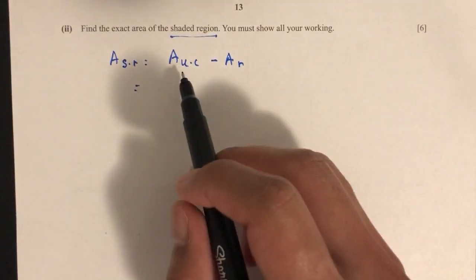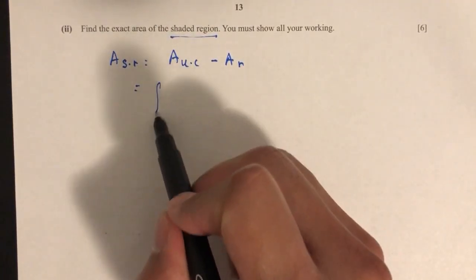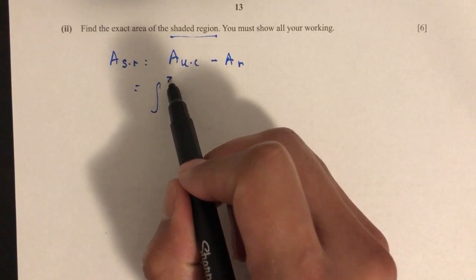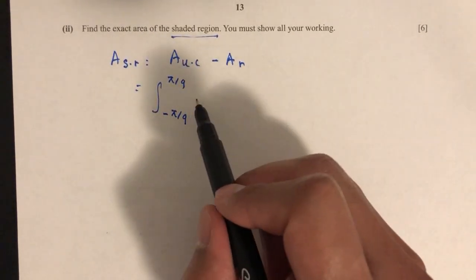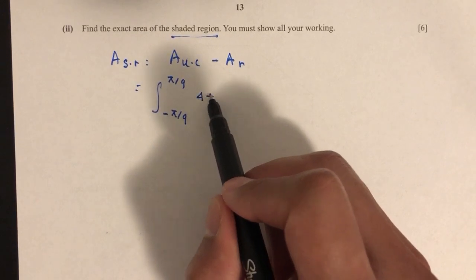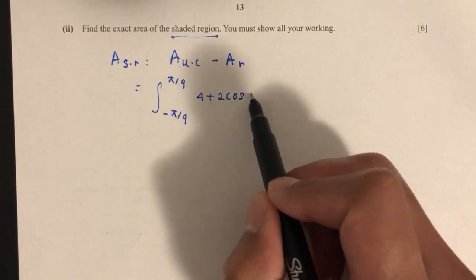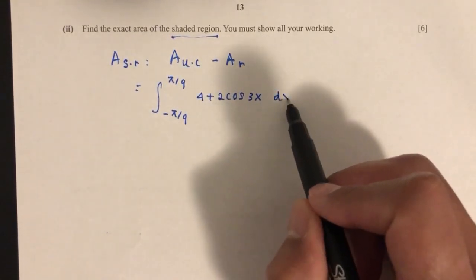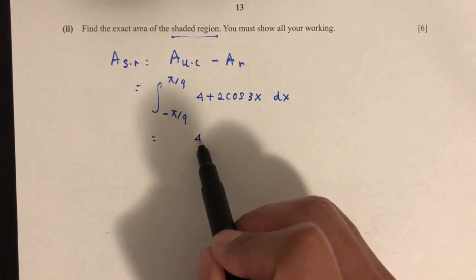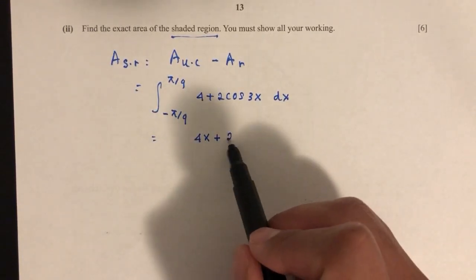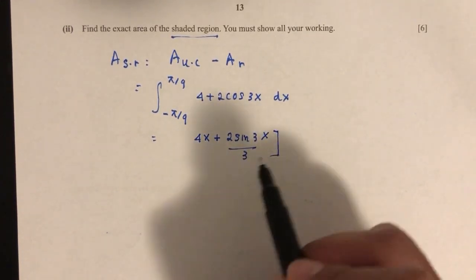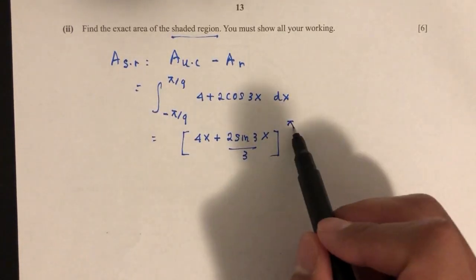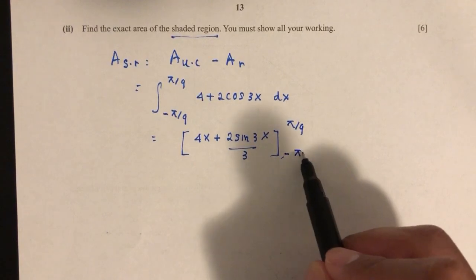So one by one, let's find the area under the curve. It will be integration between minus pi by 9 and pi by 9 of y, which is 4 plus 2 cos 3x. This will be 4x plus 2 sine 3x divided by 3 between pi by 9 and minus pi by 9.